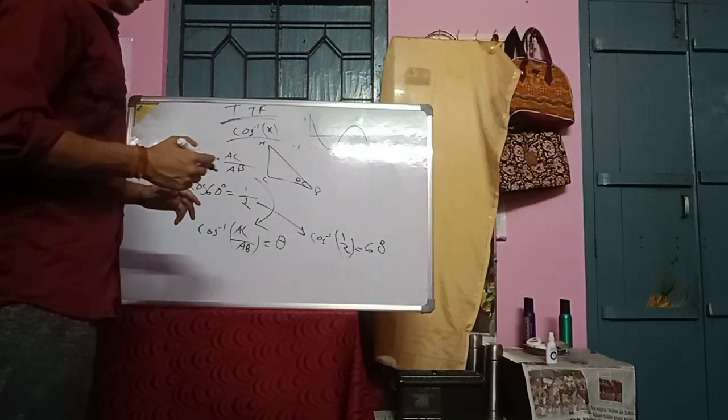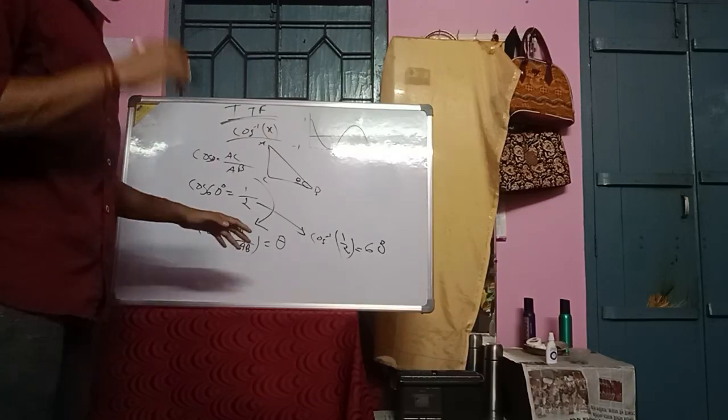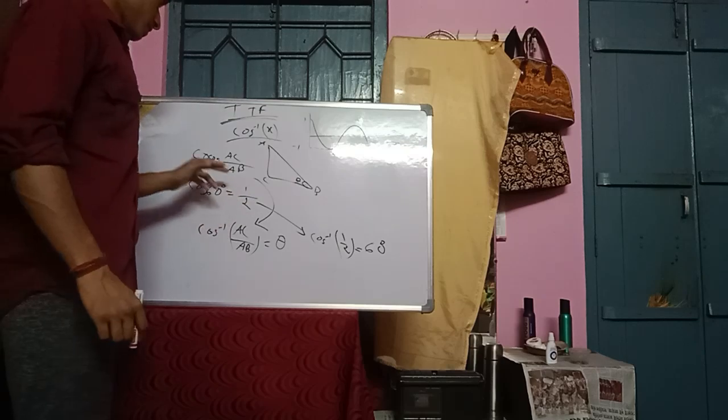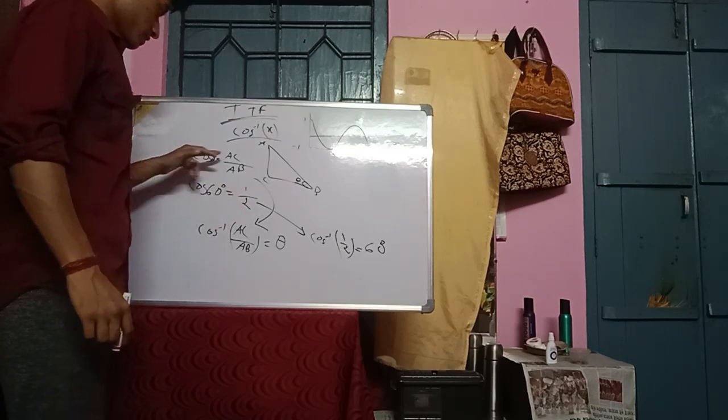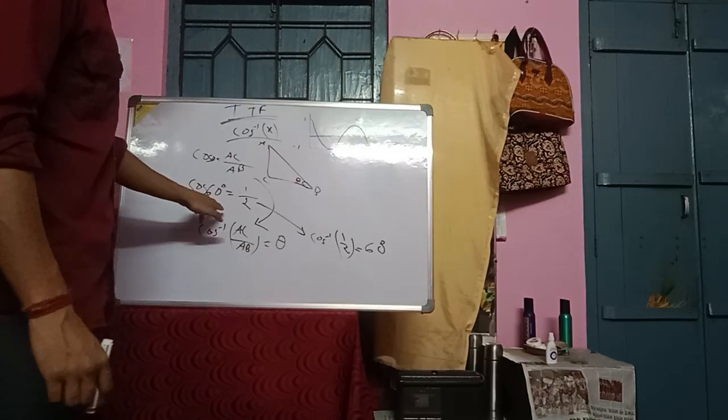So this means that there are multiple values of theta for which the output of the cosine function is also AC over AB, and there are multiple values of this particular angle for which the output of the cosine function is going to be 1 over 2.